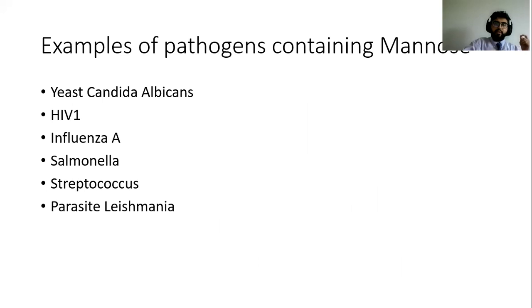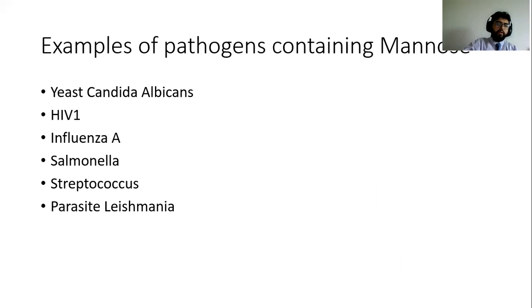So these are some pathogens that contain mannose on their surface. Some are fungi like Candida that causes thrush, which you have to use nystatin for. HIV, an encapsulated RNA virus. Influenza.